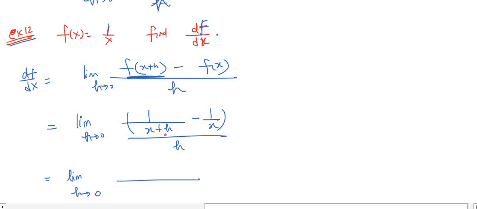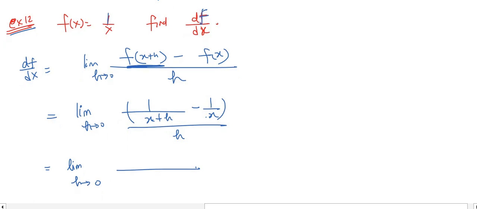So what is LCM here in these two? So LCM of these two will be x plus h into x, correct? That's how we do, and this into this and this into this. So x minus h. I hope you understood, because here is minus, the sign will change, correct? Minus x minus h, so this will cancel.